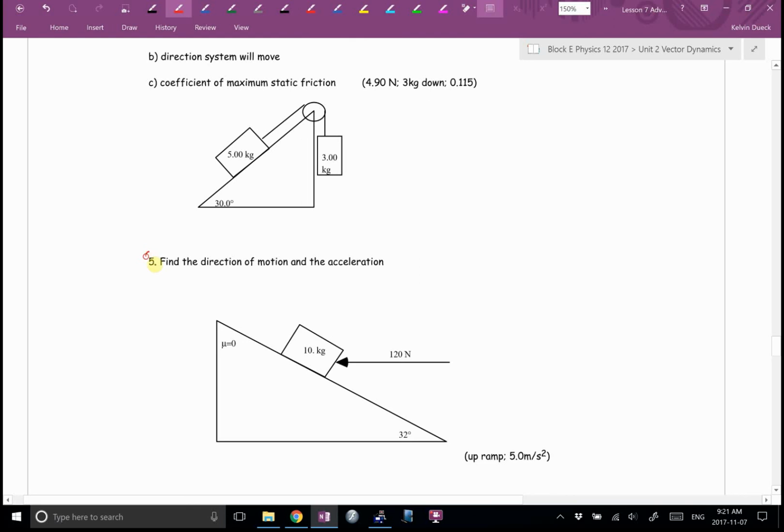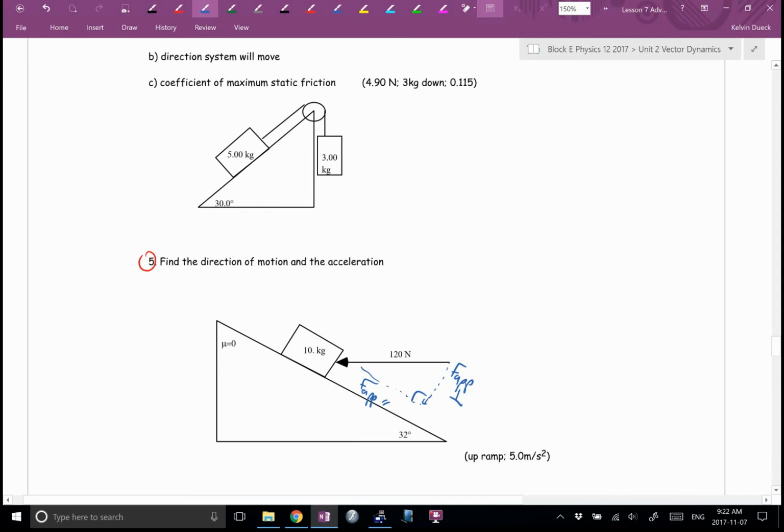Number 5, all of you right now on number 5, you might want to take that 120 and break it up into perpendicular and parallel. Since it's an applied force, you can call it F applied perpendicular and F applied parallel.